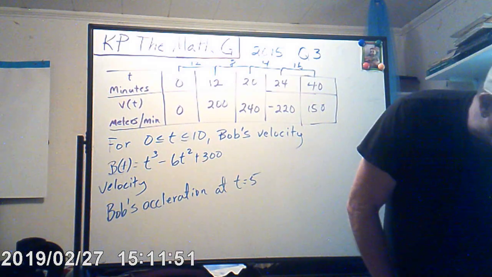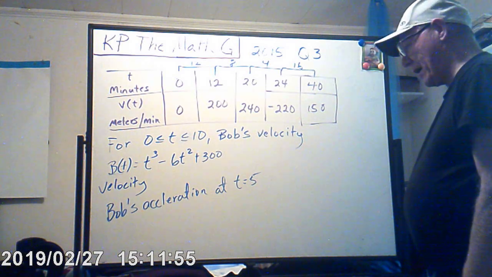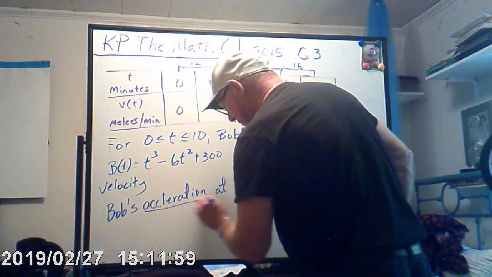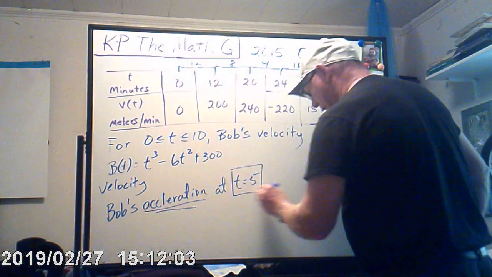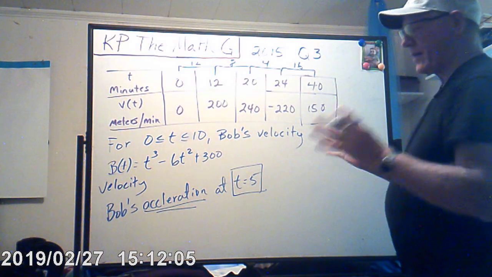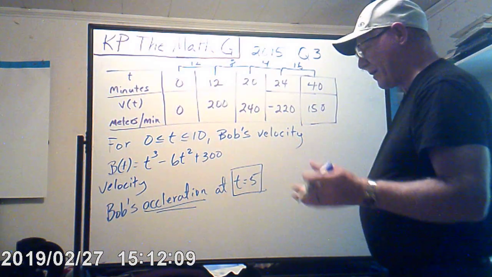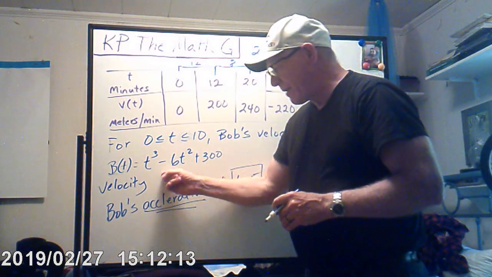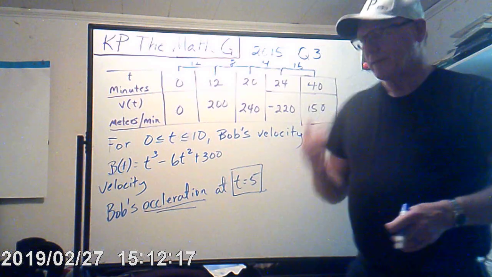Yeah, at time t equals 5. Well, that's what we're looking for. What is Bob's acceleration at t equals 5? One thing that we could do, I mean, this is not very hard at all, really. Acceleration, remember that when you take the derivative of velocity, you get acceleration, okay?